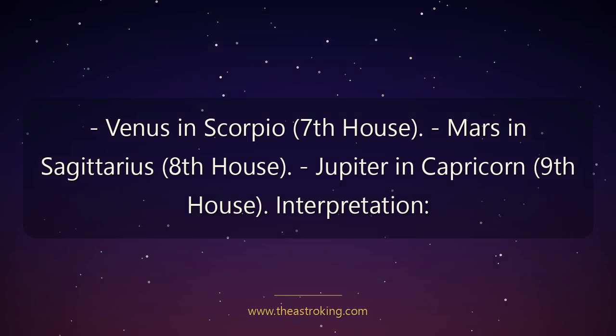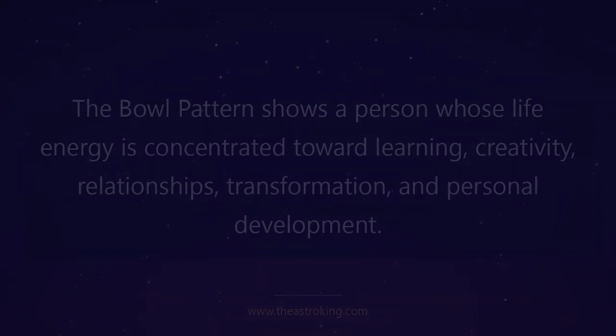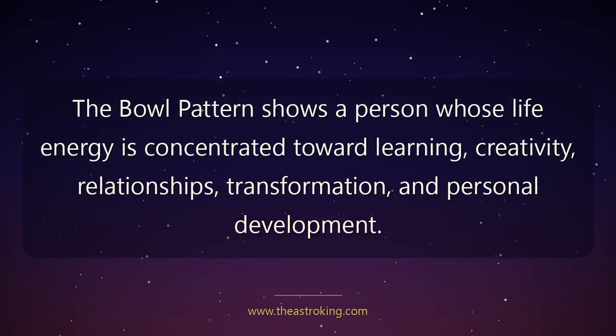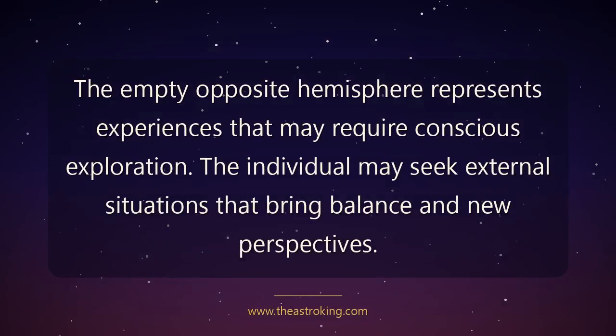Jupiter in Capricorn, 9th house. Interpretation: the bowl pattern shows a person whose life energy is concentrated toward learning, creativity, relationships, transformation, and personal development. The empty opposite hemisphere represents experiences that may require conscious exploration. The individual may seek external situations that bring balance and new perspectives.